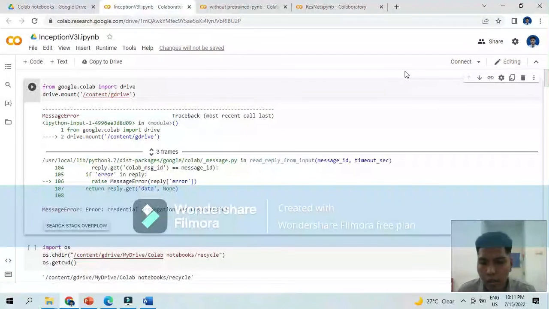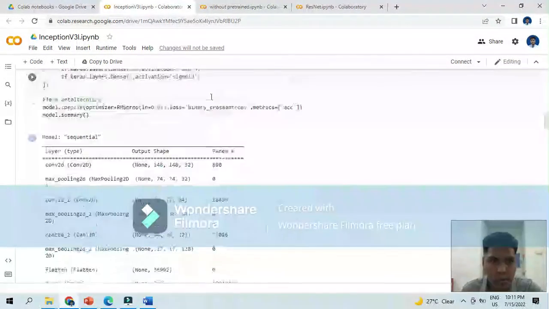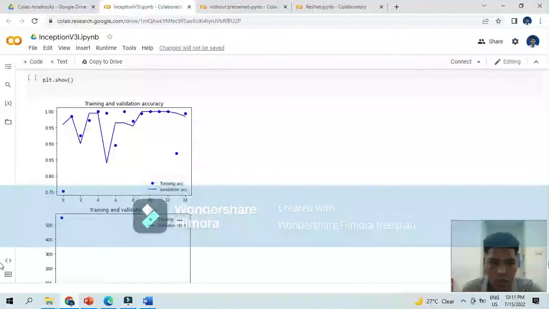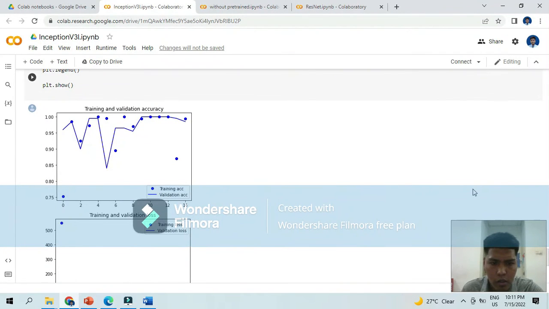Okay, for the next method, I use Inception v3. So this is the coding for Inception v3. You can see the result.